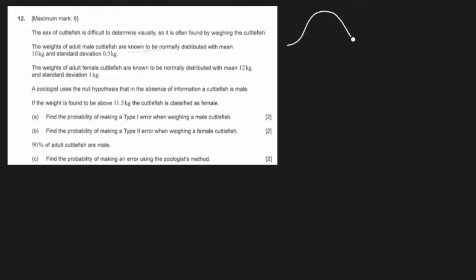So mean is 10, normally distributed, and sigma is 0.5 kg. The weights of adult female cuttlefish are known to be distributed, okay, heavier. So females are heavier in this case, and their standard deviation is 1 kg.